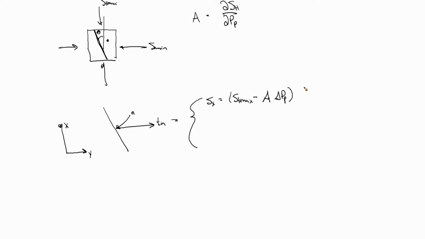So in other words, the fault is sealed, so there's no fluid change across it, but because it's in equilibrium, any stress change on this side is also going to occur on that side. Has to, right? Otherwise, the fault would slip. So then that's going to be A delta P over 2 times 1 minus cosine 2 theta.